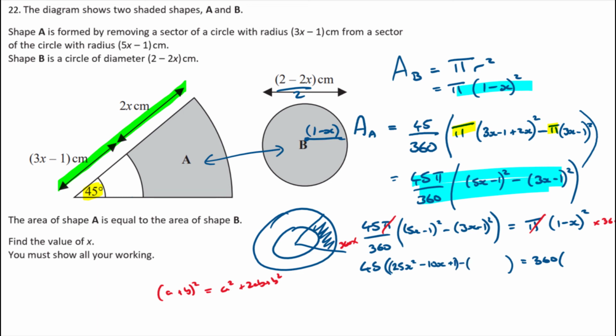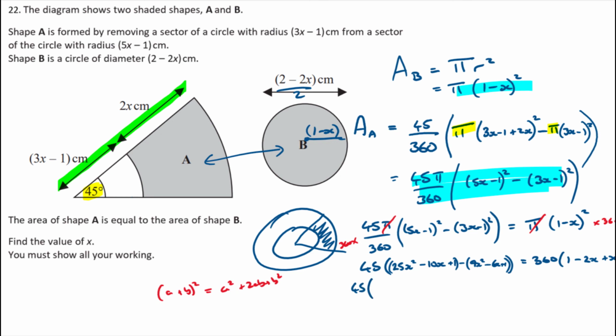Minus 3x squared is 9x squared, minus 3x times 1 times 2, which is 6x, plus 1, and then that is equal to 1 minus 2x plus x squared over there.